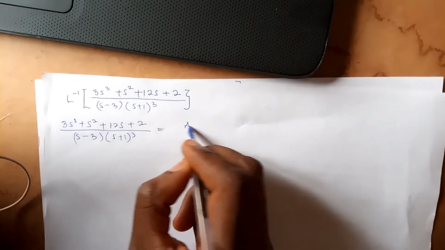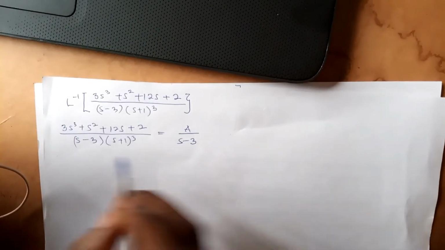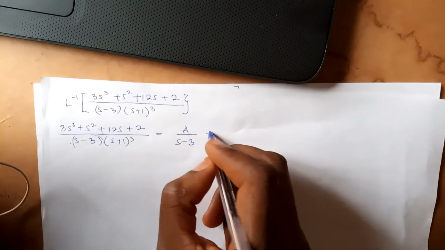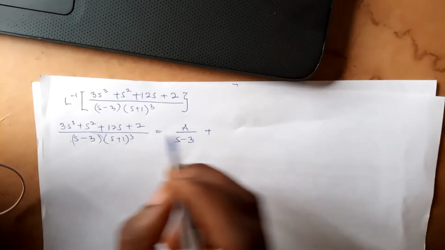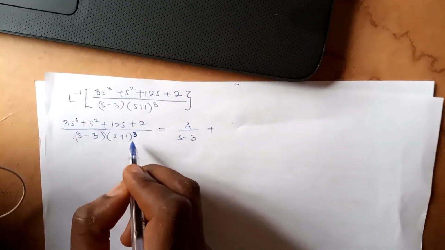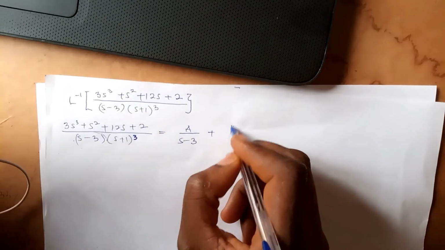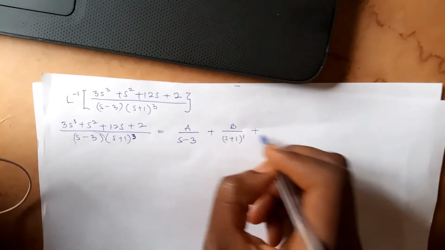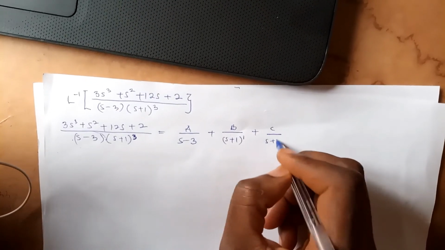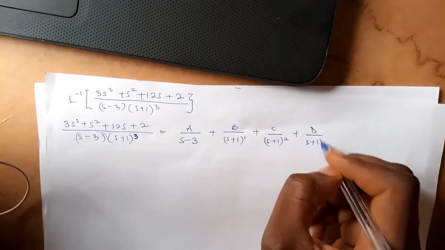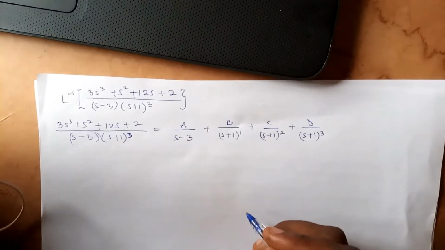Then this will give me A over x minus 3, as I'm already trying to split the fraction. Then plus, what about this one? This is repeated roots. Take note of that, repeated power. So what I will write now would be B over (x plus 1) raised to power 1 plus C over (x plus 1) raised to power 2 plus D over (x plus 1) raised to power 3.